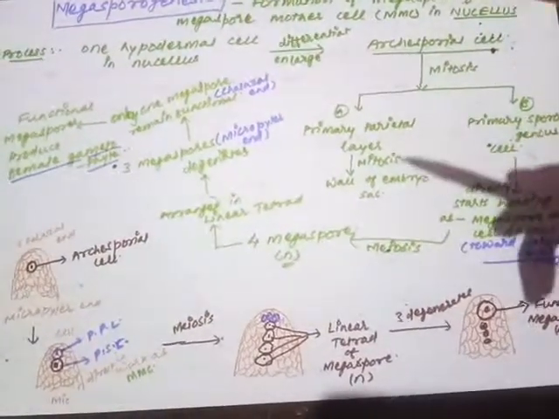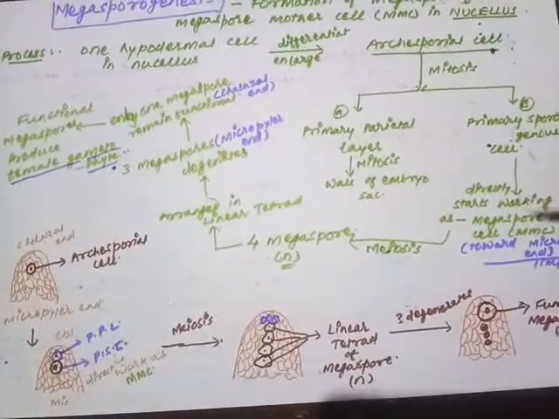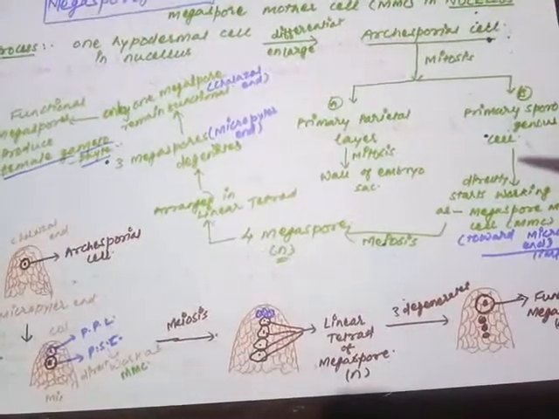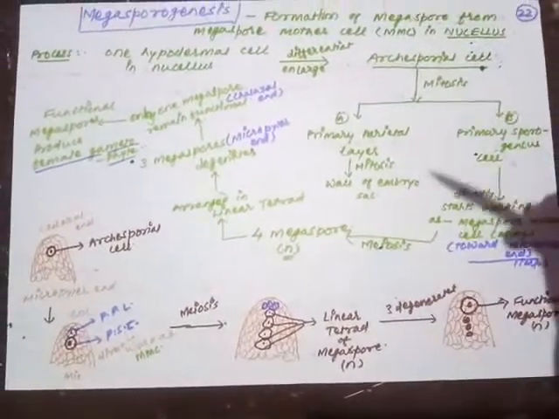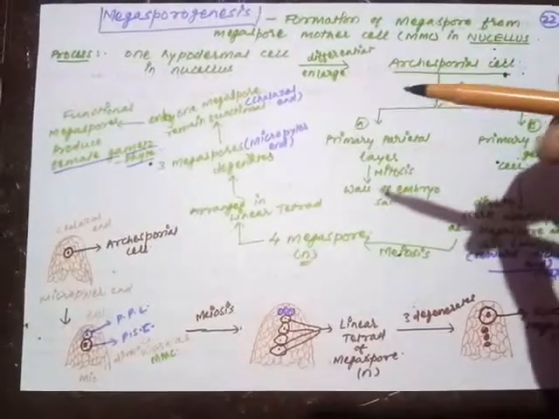Parietal layer forms the wall layers, tapetum, endothecium, epidermis, and the sporogenous tissue forms the microspore mother cell, and finally they convert into the microspore. If you have clear all those things, there is nothing left in the megasporogenesis.